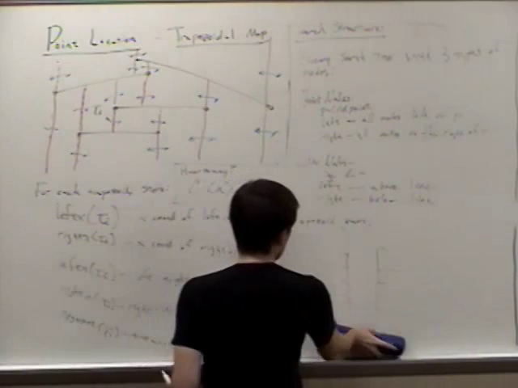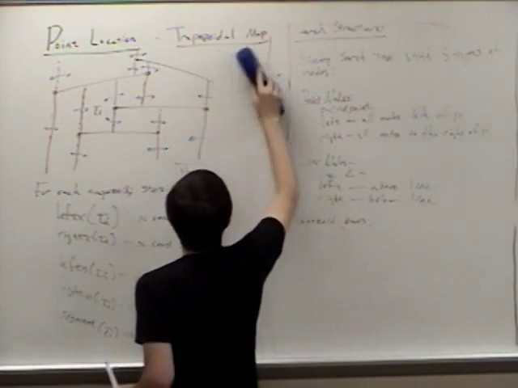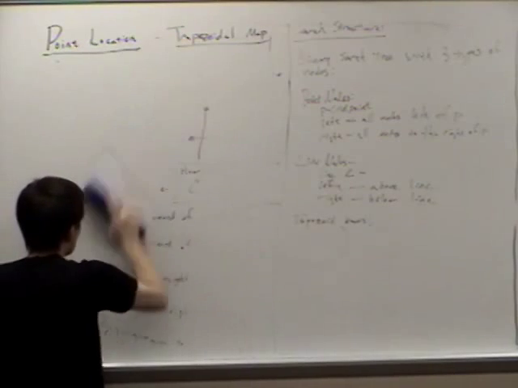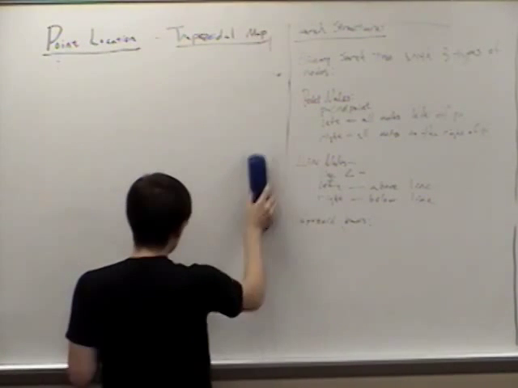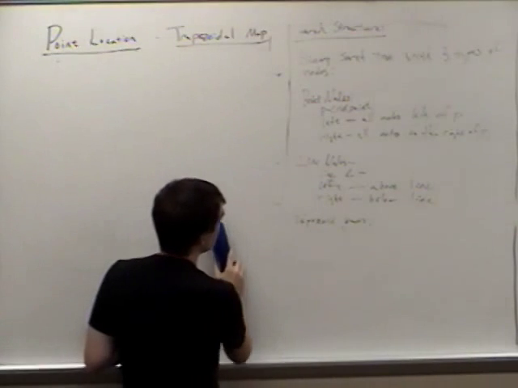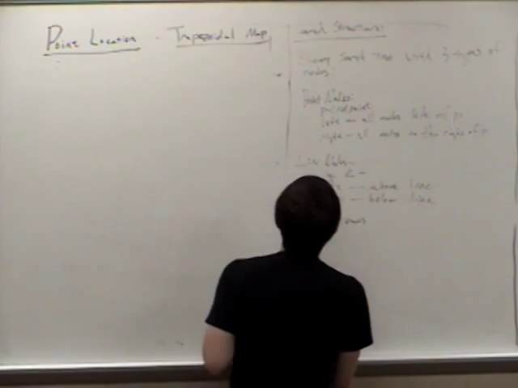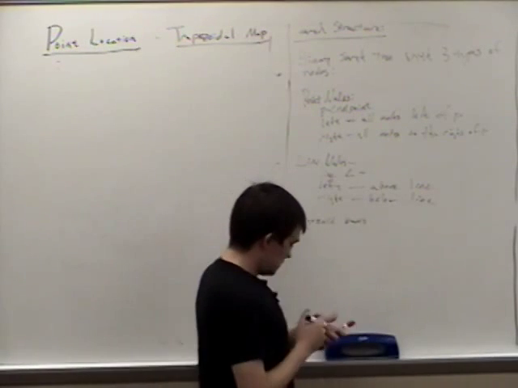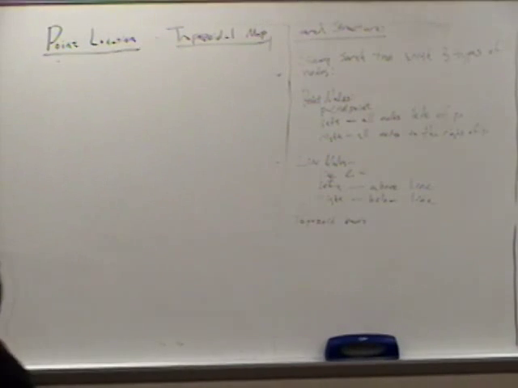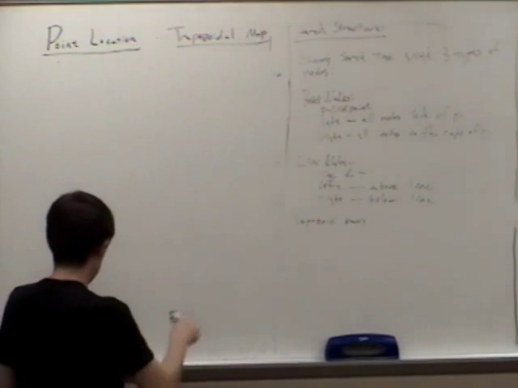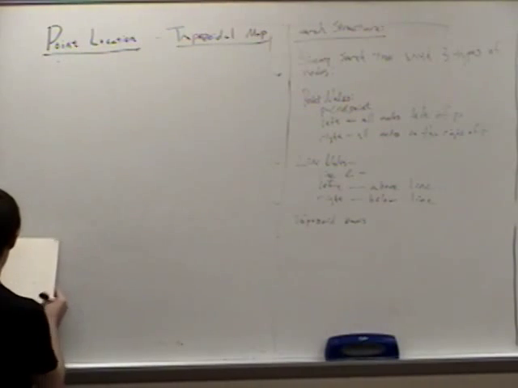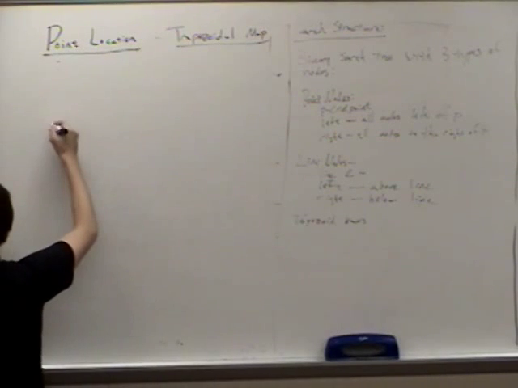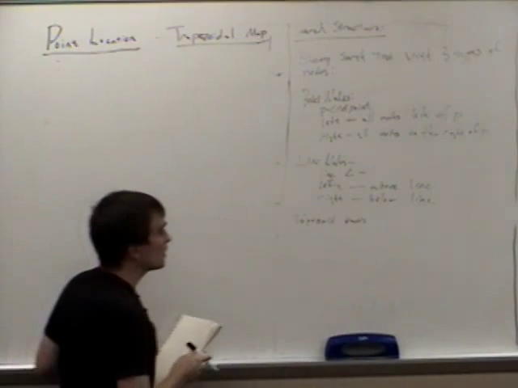OK, simpler example time. I'm going to draw a very tiny trapezoid decomposition. So this is the search data structure that we're focusing on now.